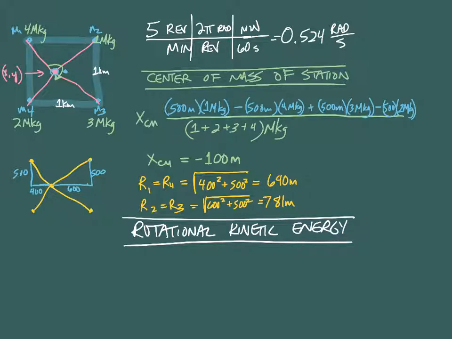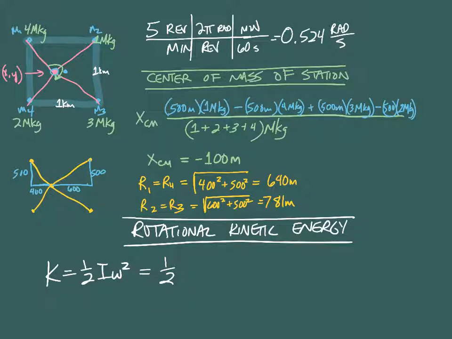And it's rotating, so that means I need rotational kinetic energy, which we know to be 1/2 I omega squared. Well, that means I'm going to have 1/2 of basically mr squared. But I have 4 mr squareds. All the masses are different, but 2 radii to deal with.